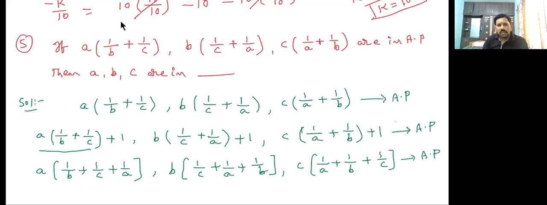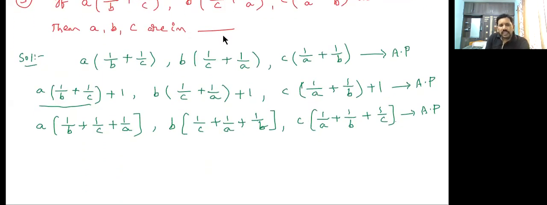Now, each and every term, divide with 1 by A plus 1 by B plus 1 by C. Then the resulting series is also AP or not? The resulting series is AP or not?